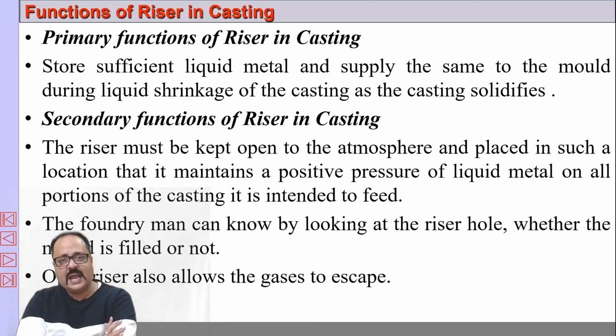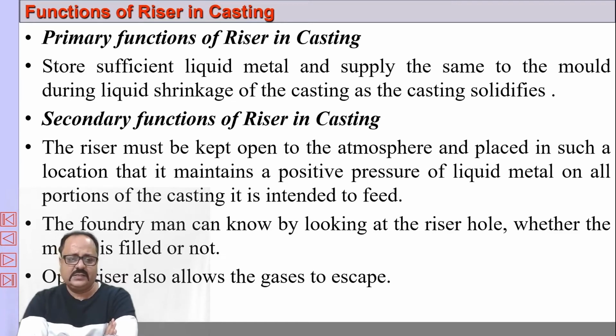Apart from this function, a riser also has a secondary function. If it is an open riser, it maintains a positive pressure of the liquid. And if it is an open riser, the foundry man, if it is done manually, can look at the riser, and if the molten metal is coming out into the riser, the foundry man can understand whether the mold has been filled or not.